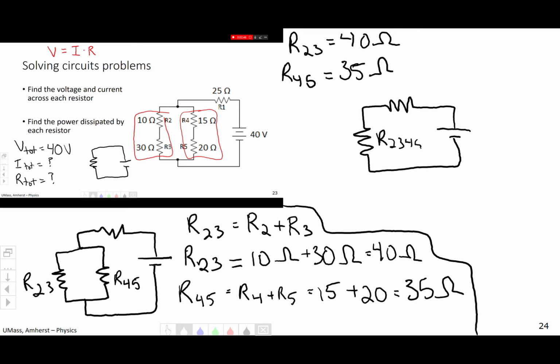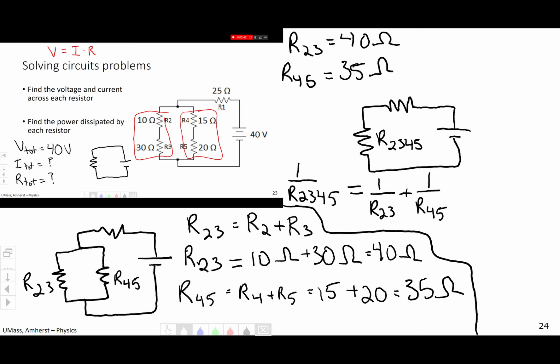So we are going to call this R2345, and I know my writing is terrible. There we go. So that means what we need to do is we need to see that R23 and R45 are in parallel. How do we find resistors in parallel? So we use the inverse of the equivalent resistor. 1 over R2345 is equal to 1 over R23 plus 1 over R45.